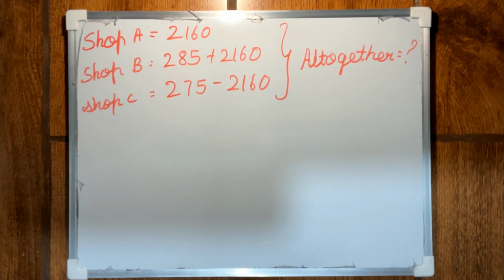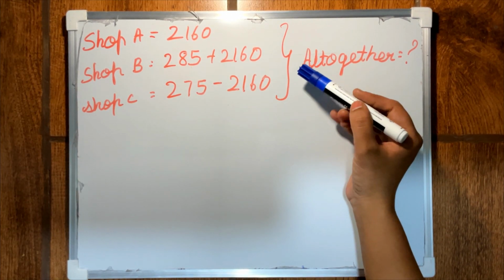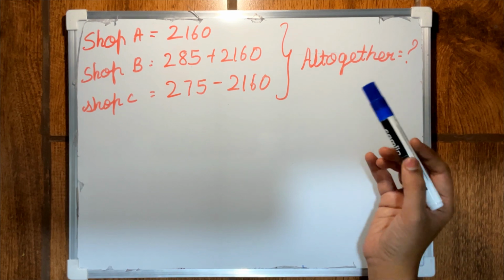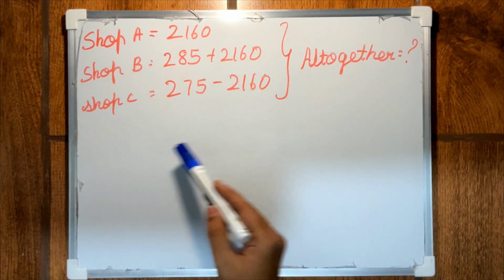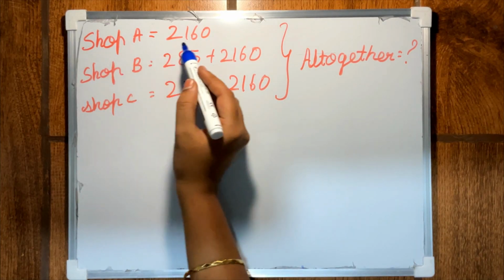Now, what is the question they have asked? We have to find out altogether how many packets of tea these shops have, which means we have to add all together.